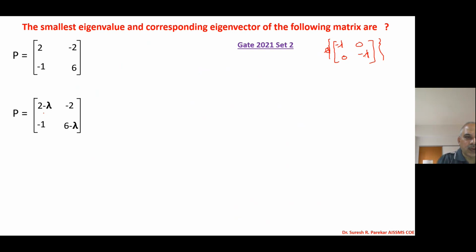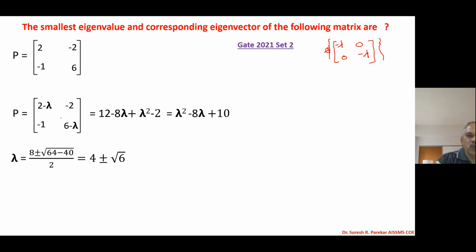Then we are going to calculate their determinant and equate it to 0. So we get lambda square minus 8 lambda plus 10 equal to 0. Now we will calculate the value of lambda using the formula: minus b plus minus root of b square minus 4ac upon 2a.